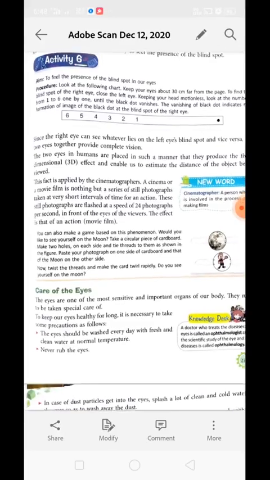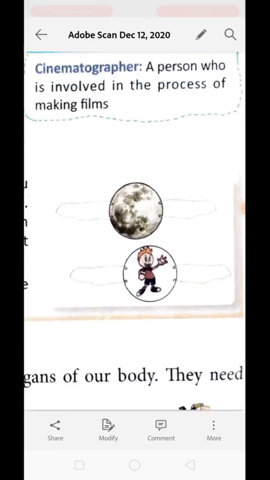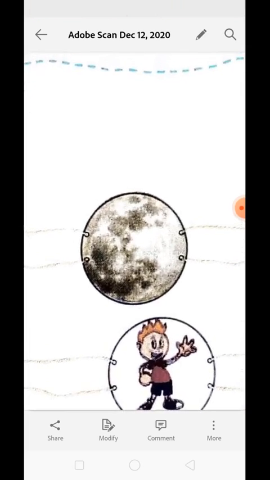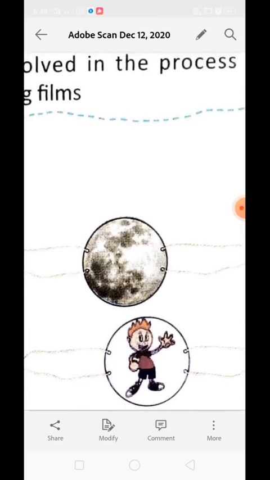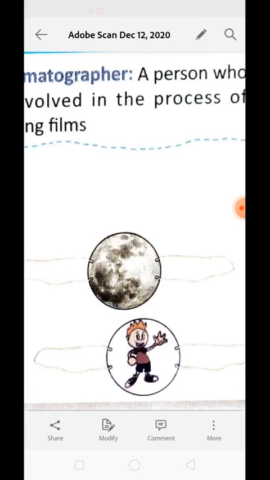Now see over here, it is an activity, or you can say a game, in which you take a circular piece of cardboard and make two holes on two sides of the cardboard. Attach it with the help of thread as shown in the figure. On one side of the cardboard paste your picture, and on the second side paste the picture of a moon.